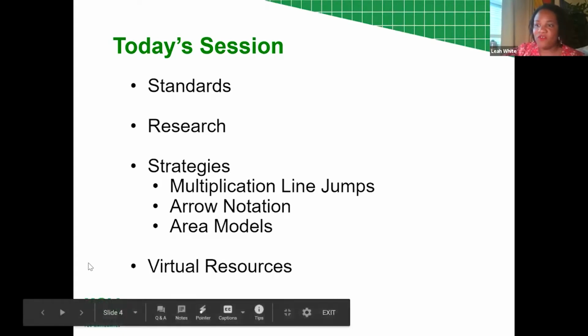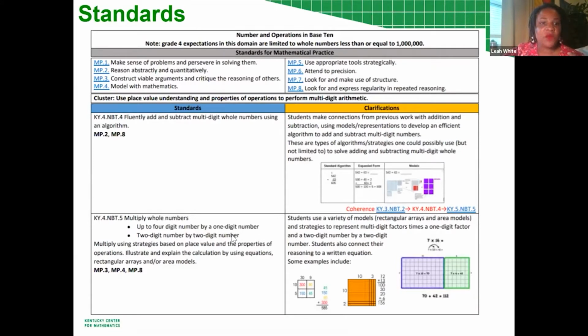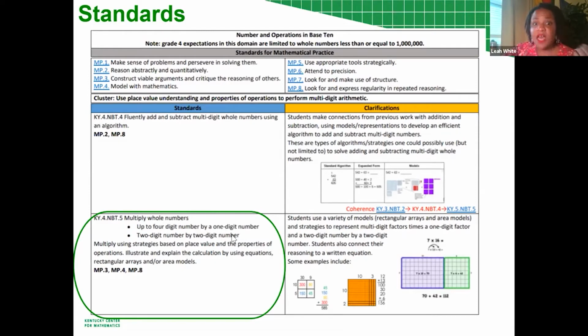All right, moving right along to the standards. If we're looking at standards with multiplication, specifically we're looking at this standard where we're multiplying whole numbers up to 4-digit numbers by 1-digit numbers, and also looking at 2-digit numbers by 2-digit numbers. And if you look at the clarifications in our standards, they have lots of ways to do that.